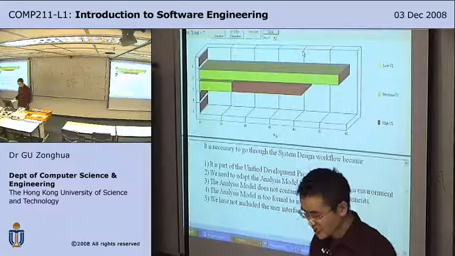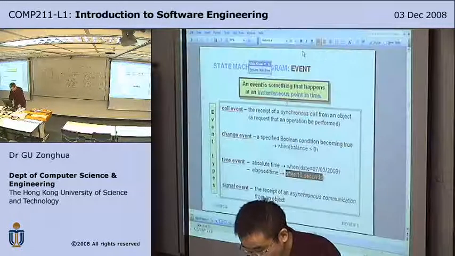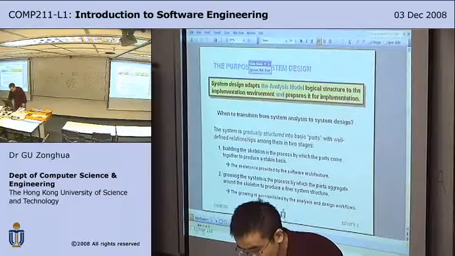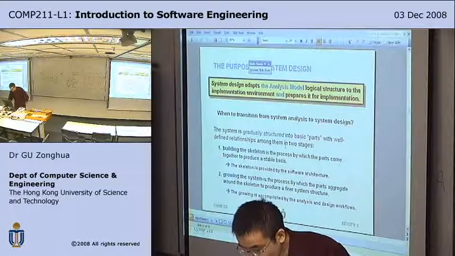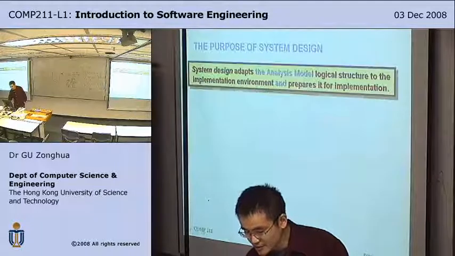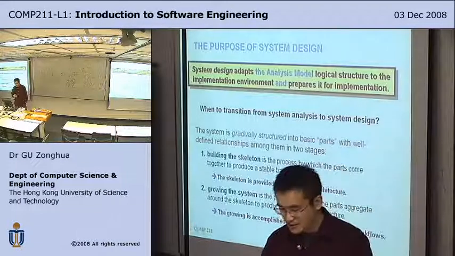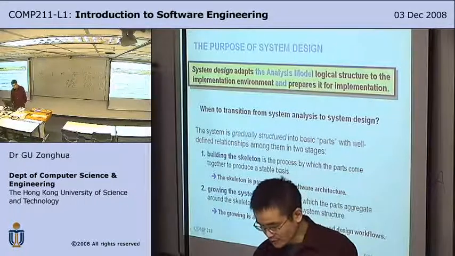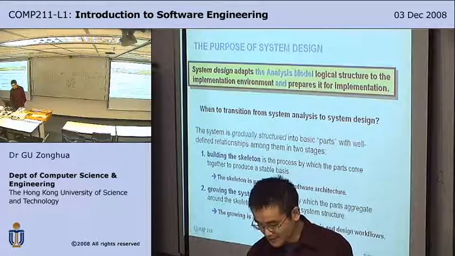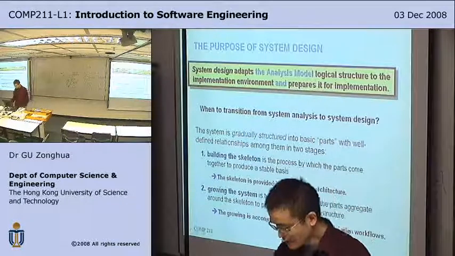Right, 2 is correct. Your system design adapts the analysis model logical structure to the implementation environment. So you gradually build a skeleton and grow the system. There are 2 steps. Skeleton is the architecture, and then grow the system.